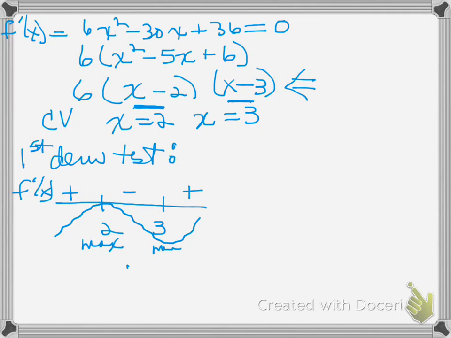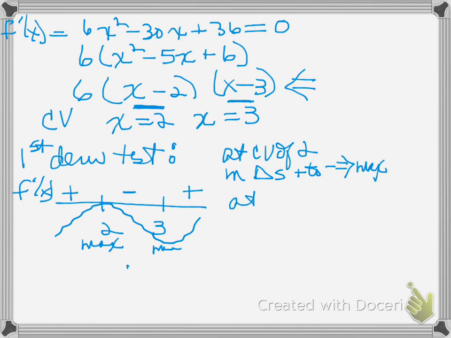At the CV of 2, the slope changes from positive to negative, and therefore I have a max. At the CV of 3, the slope changes from negative to positive, and that gives me a min.